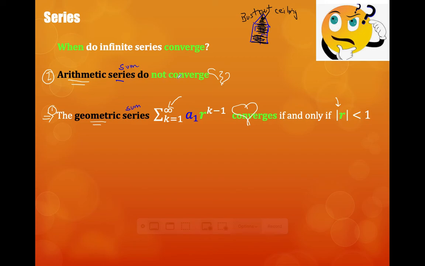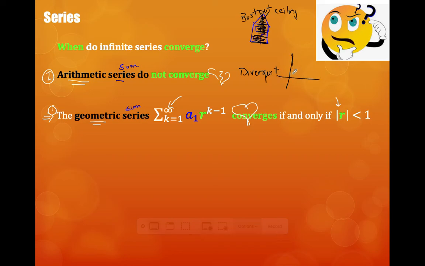Remember, if we say a series does not converge, we call that divergent. Arithmetic series are divergent because when you pile the sums on top of one another, the sum grows without bound. And I want you to think of not the series graph, right?